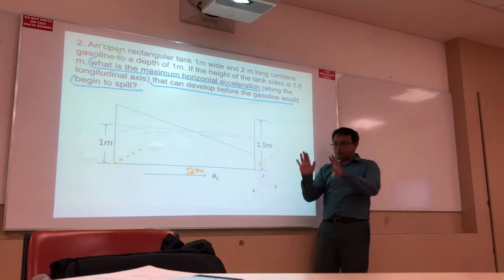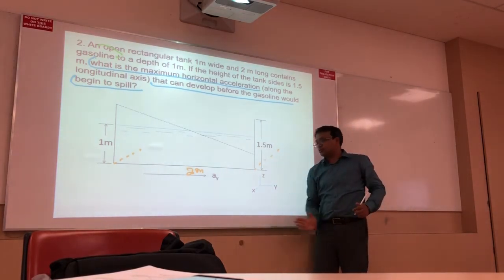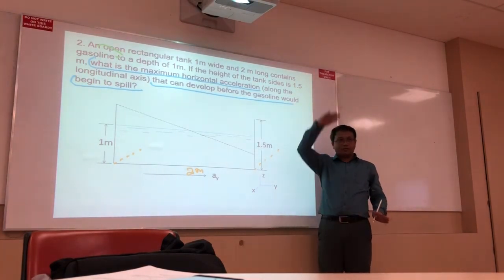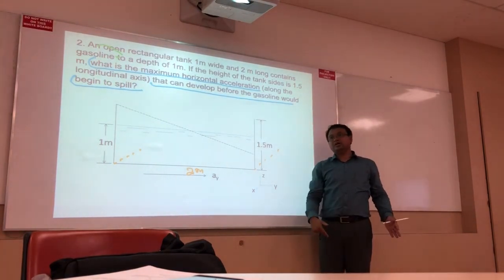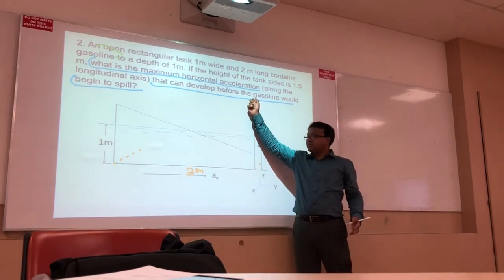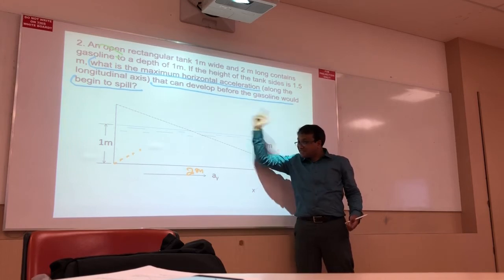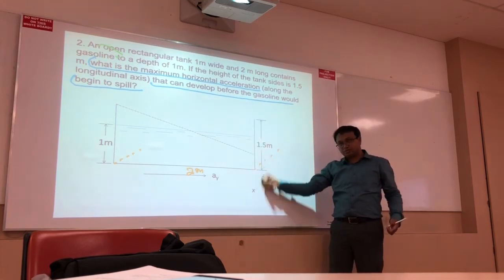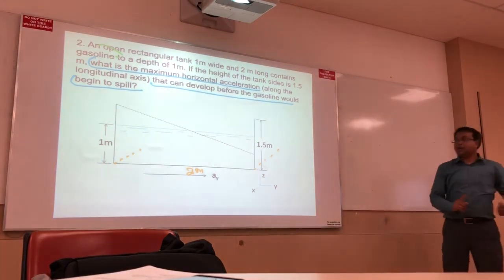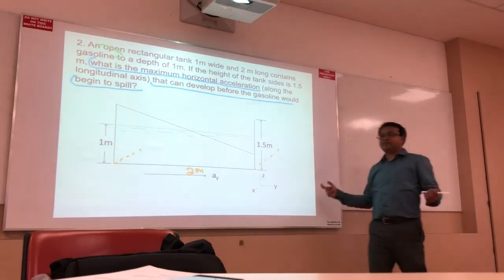If I push this direction, acceleration is in the y direction. If I push this direction, it's the x direction. If I push from the top, of course, it is the z direction. But g, acceleration due to gravity, is always present in the z direction. Must be there, okay?